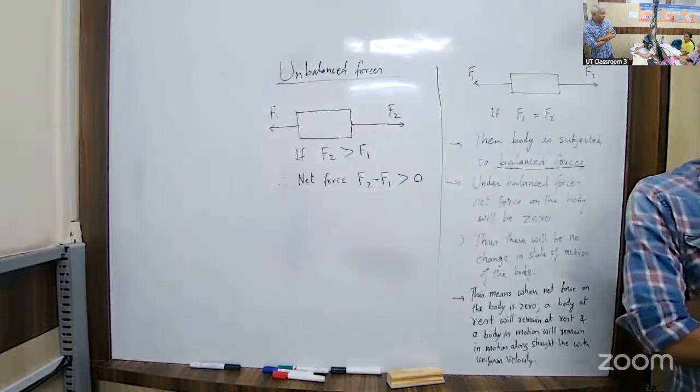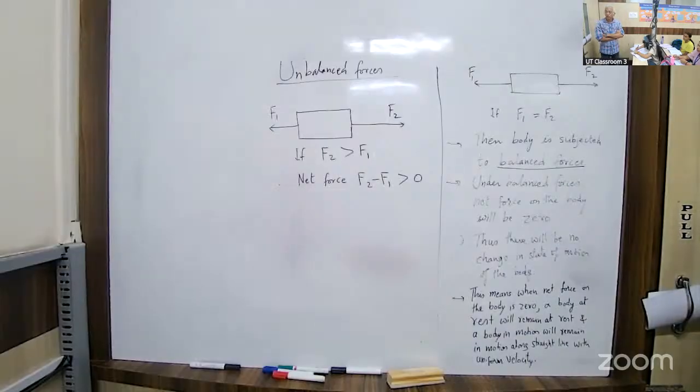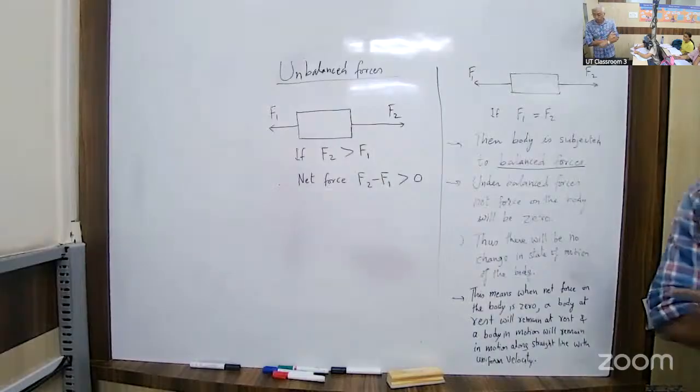What happens here when the net force is greater than zero? One of the forces is greater. So what should happen then?